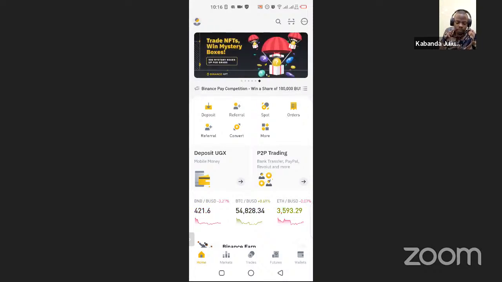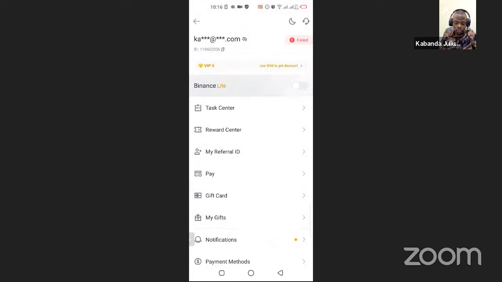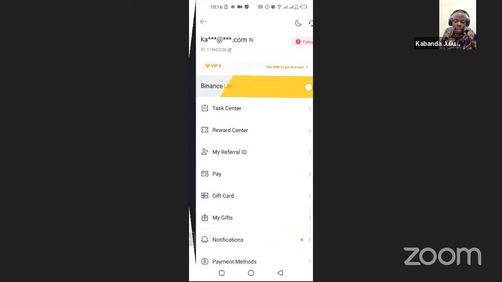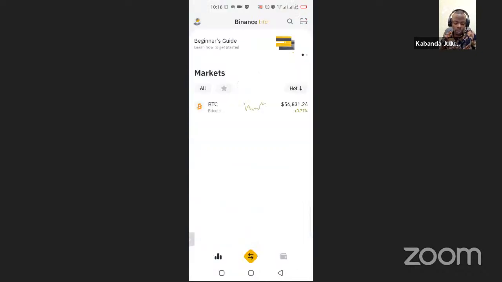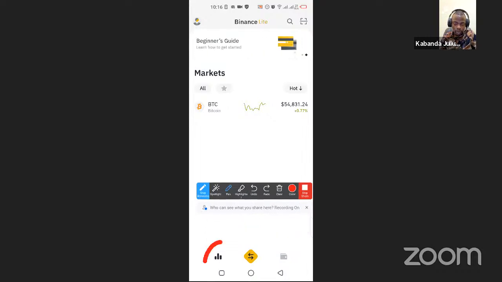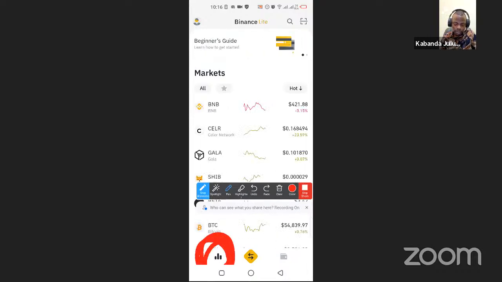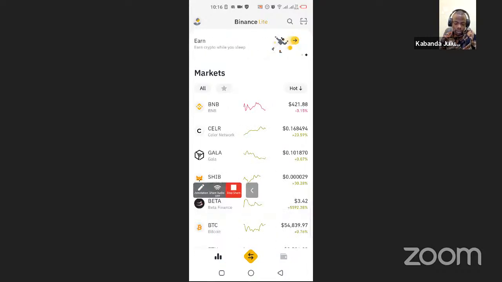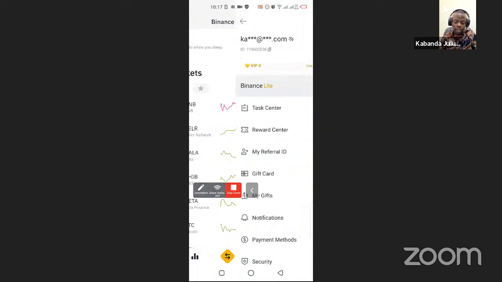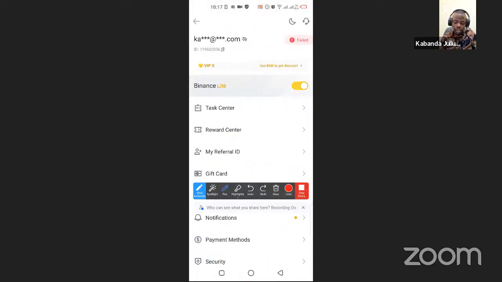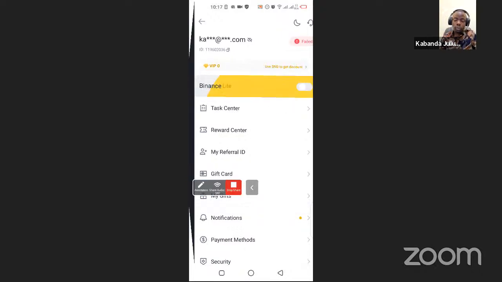Okay, so one, make sure you are in Binance Pro, not Binance Lite. If your account is Binance Lite, you tap on the graphs that are here, then you come on the avatar and get Binance Pro.